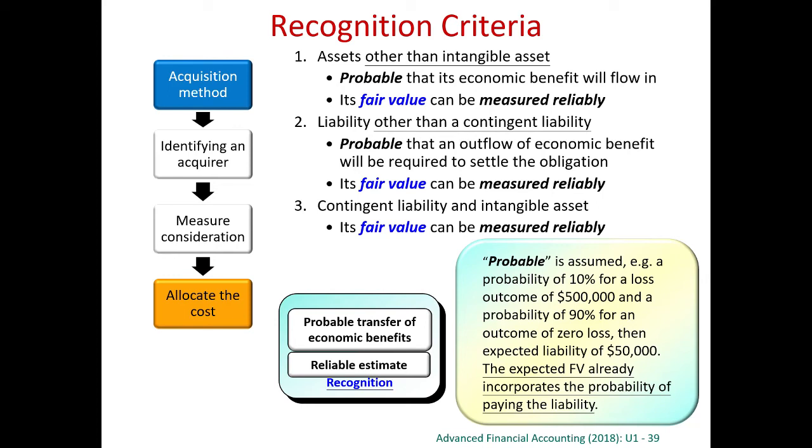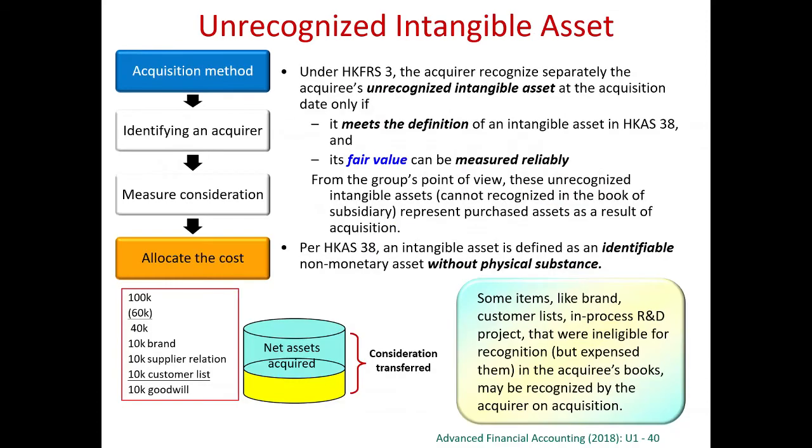This waiver of probability criteria is just for the business combination. Therefore, if this is an intangible asset, in the financial statements of the acquiree, it may not be able to recognize it, but on business combination, we may recognize.